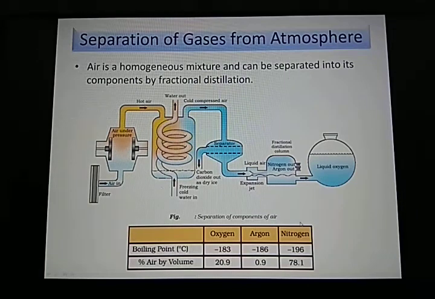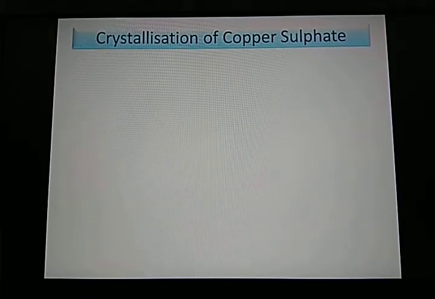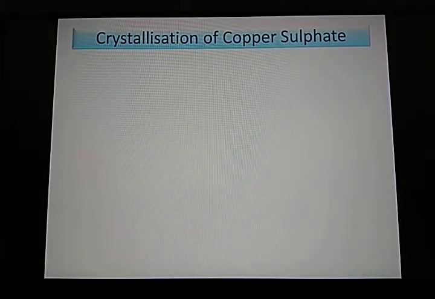Now moving on to our next topic, that is crystallization of copper sulfate. Say, for example, you are given copper sulfate which is impure. How will you convert it to pure copper sulfate?